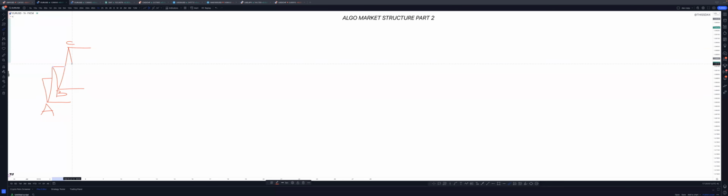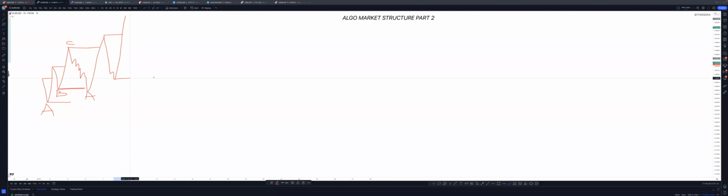So what are you looking at for price to do based on the basic market structure? Substructure retracement to take out the B, then minor structure. Now in this case, this becomes the A. Then price reverses again and breaks again.